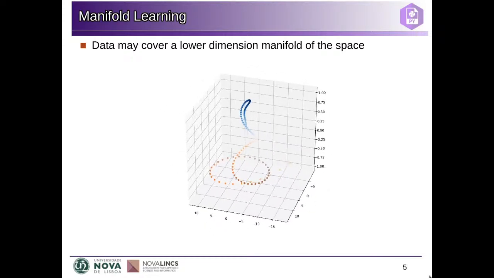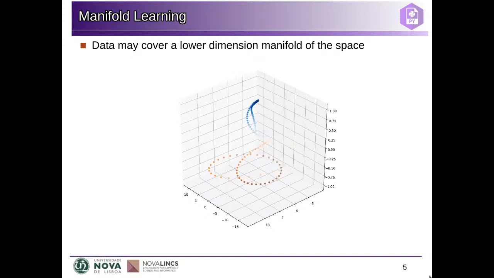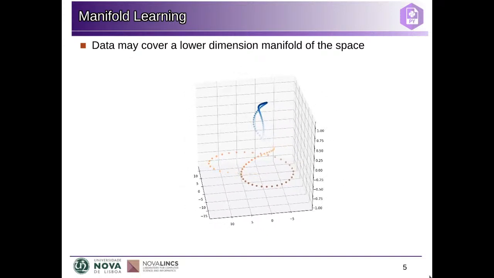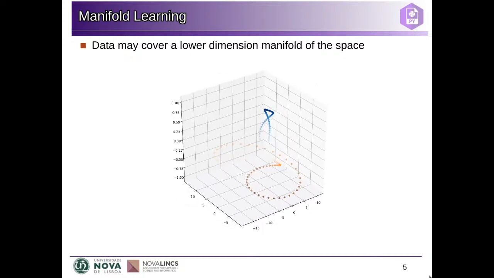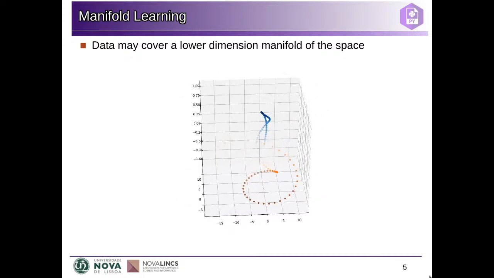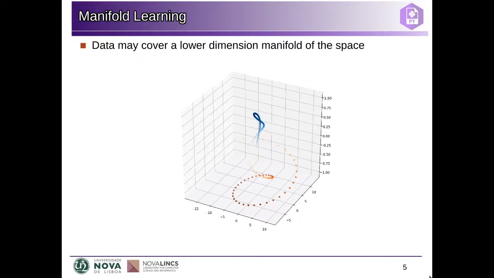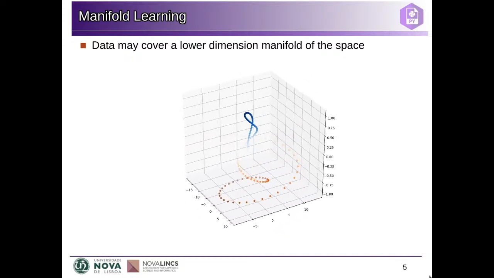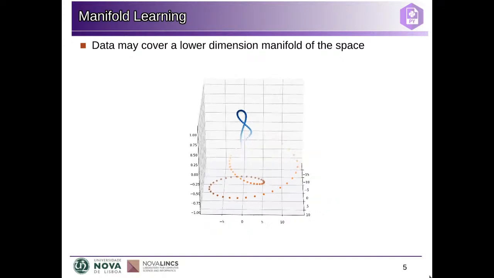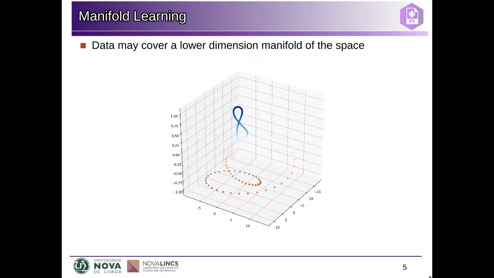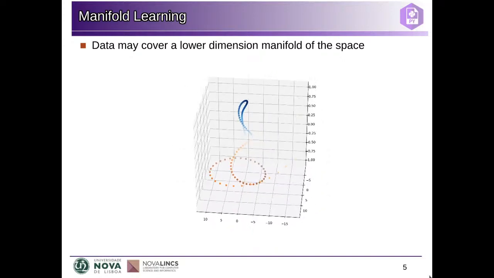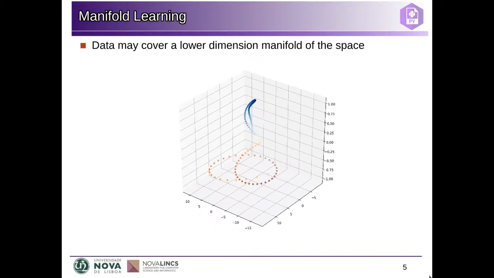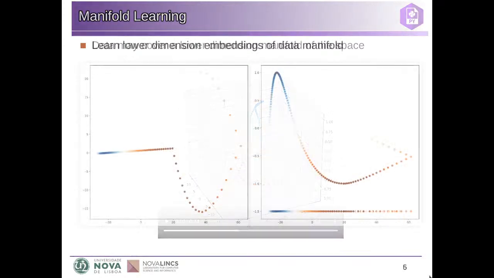We have a set of points in 3 dimensions, but we can see that the points follow this curved line. So in theory, we could represent the position of the points by just using one coordinate following this line here, and we could still preserve the structure of this data set in 1 dimension. We wouldn't need the 3 features, the 3 dimensions to represent it.